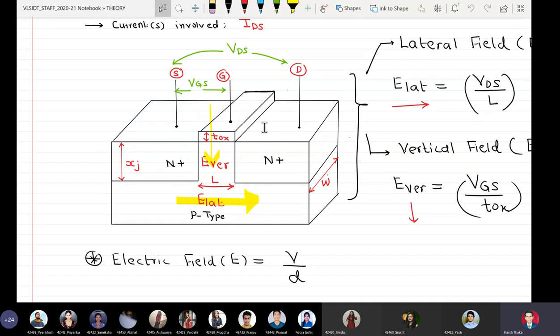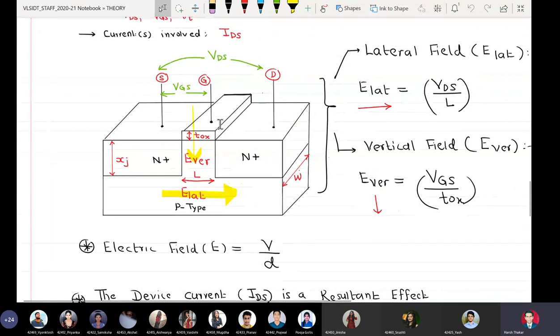So any MOSFET has 4 dimensions to its geometry: channel length L, width W, oxide thickness Tox, and the junction depth Xj. And today we'll discuss the significance of the relativity between Xj and L.